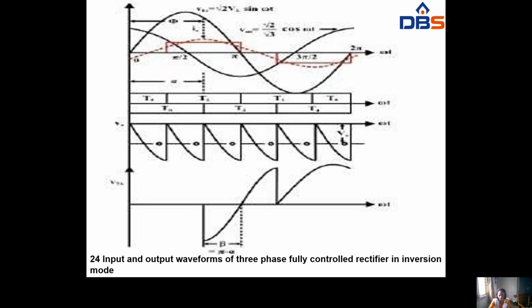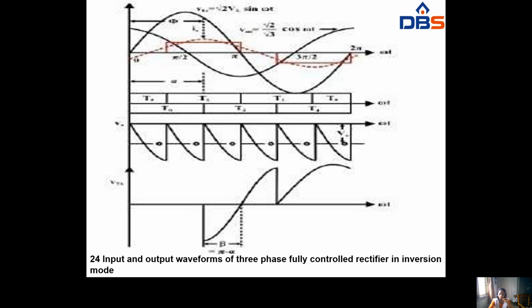So here we have the conduction table, and this is rectification. Three-phase full wave controlled rectifier in inversion mode. So this is rectifier and inversion mode. At the start T6 will be conducting, after that T1, so T5 and T6 and T1.